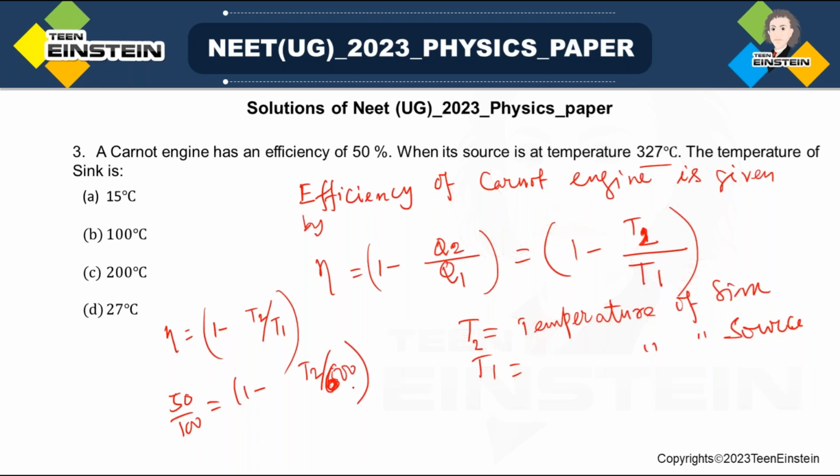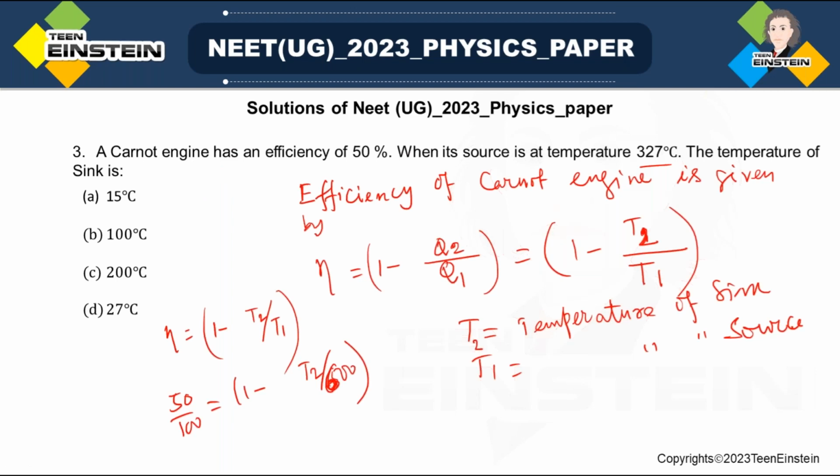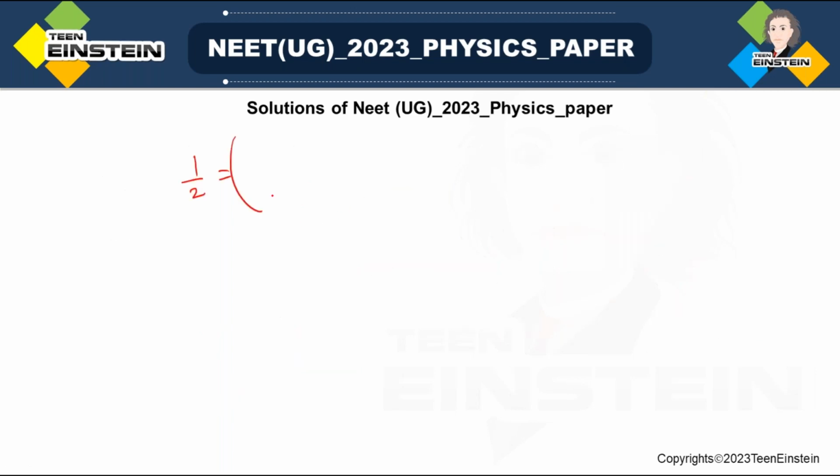Okay, so here let us do a little bit of simplification. So this is 50 by 100. That means left hand side is half, and this is 1 minus T2 by T1, 1 minus T2 by 600.